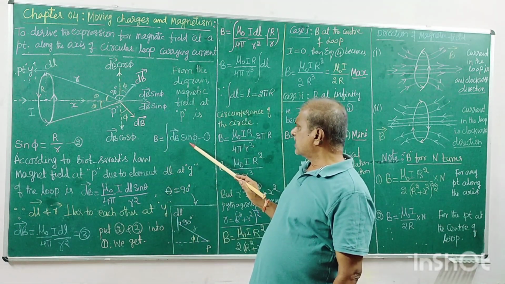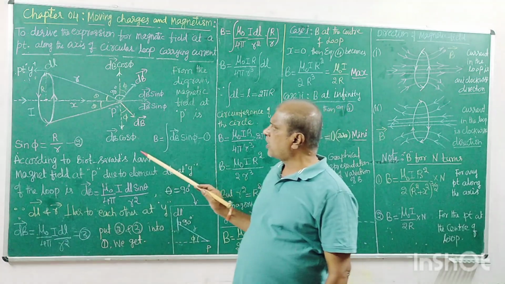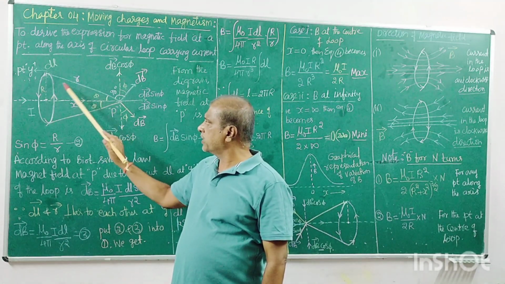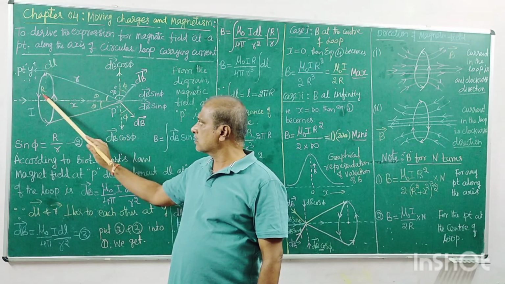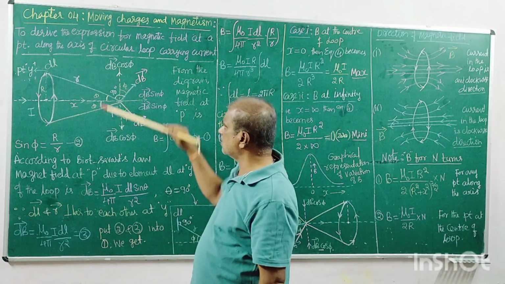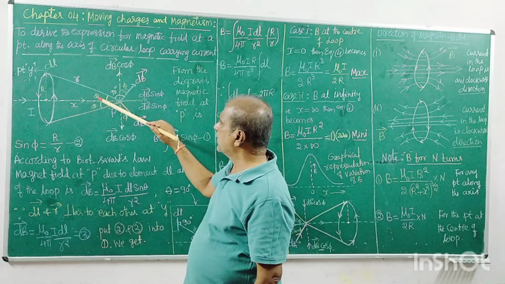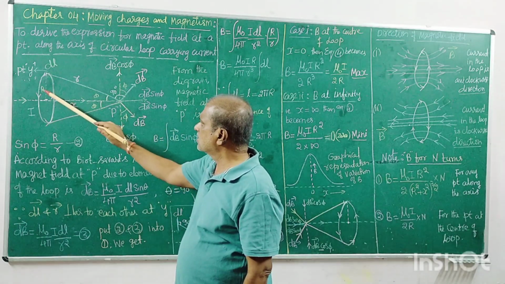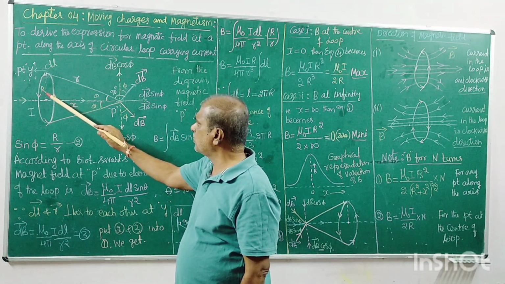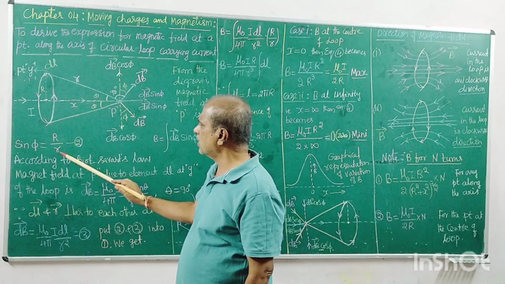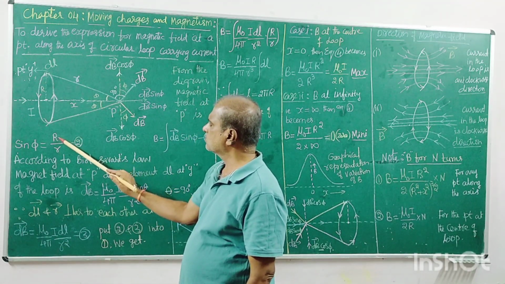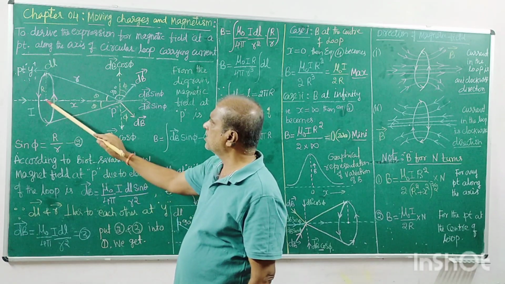You have to express sin phi in terms of the parameters we need, which are r and R. For that, take this phi. The triangle is a right angle triangle, so sin phi is opposite by hypotenuse, R by r. What is capital R? The radius of the circle.